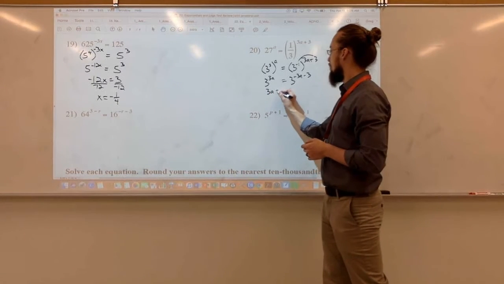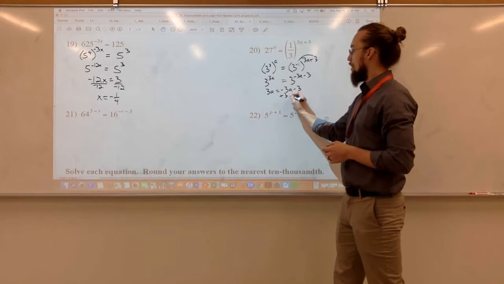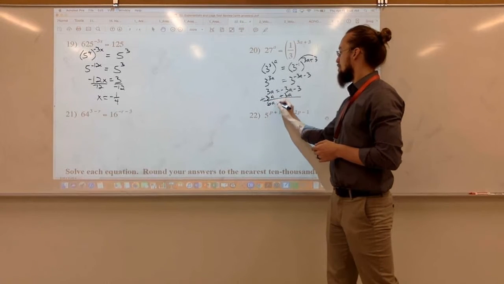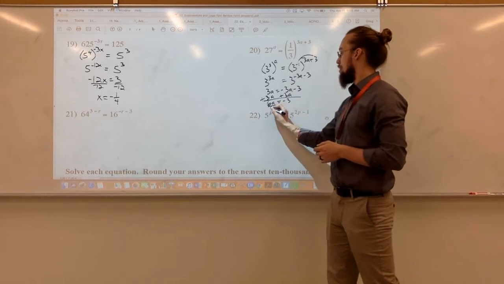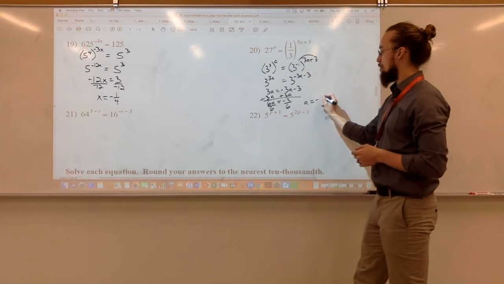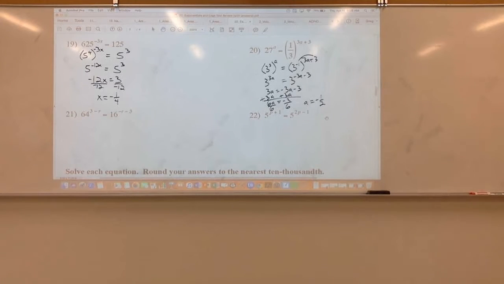So 3a equals negative 3a minus 3. So I can add 3a over to here. We get 6a equals negative 3. Divide by 6. And negative 3 over 6 would reduce to negative 1/2. You okay with that one?